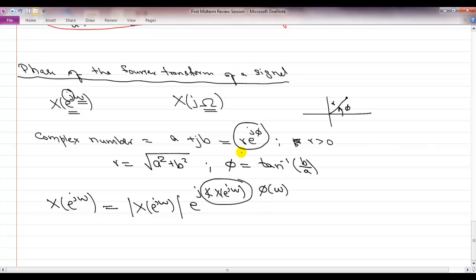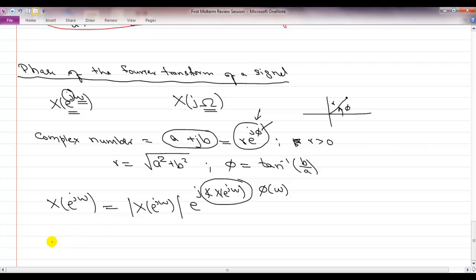Once you write it as a function of little omega, just treat it as some fixed number you don't know. You will typically get this kind of expression, and your goal is to write it in this form. Whatever is r is your magnitude, and whatever is phi is your phase.